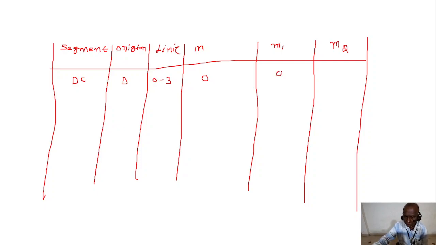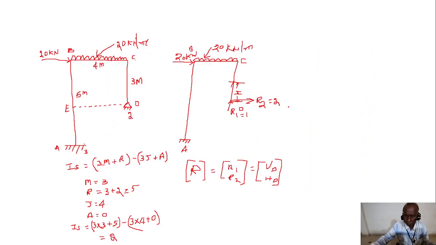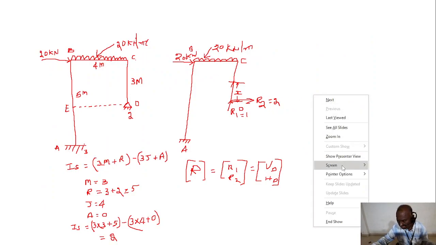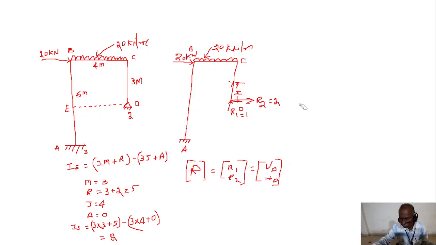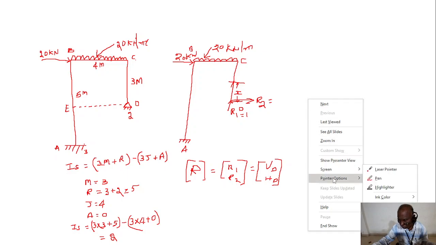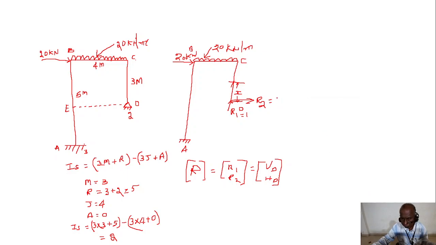For m2, the unit load acting at R2 is 1 into X, and the direction is minus.